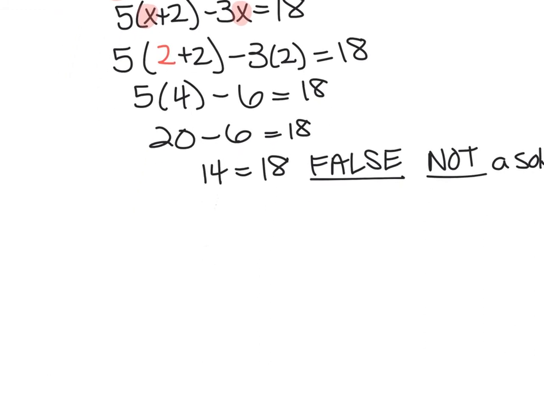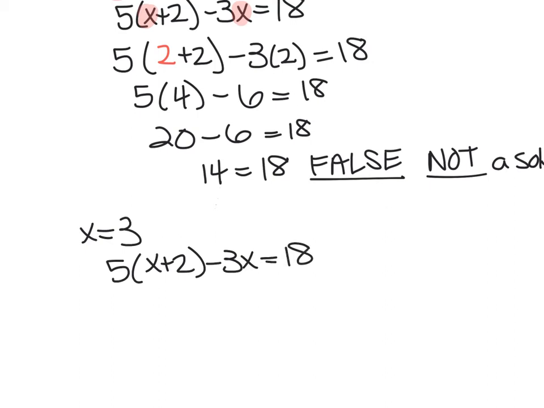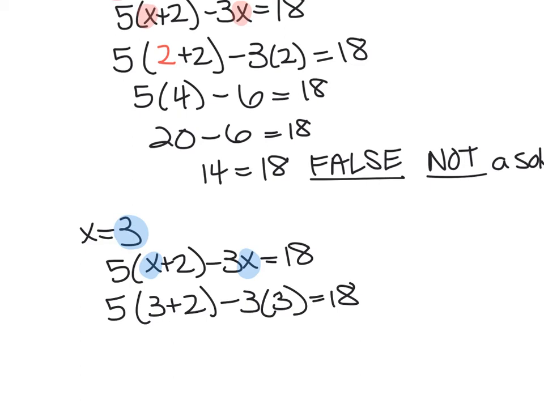So the next one, we have x equals 3. So we're going to take our same equation, 5 times x plus 2 minus 3x equals 18. And we're going to plug this in. If it's true, then it is a solution. If it's not, it's not a solution. So I'm going to do 5 times, instead of an x, I'm putting a 3. So 3 plus 2. And then 3 times 3 equals 18.